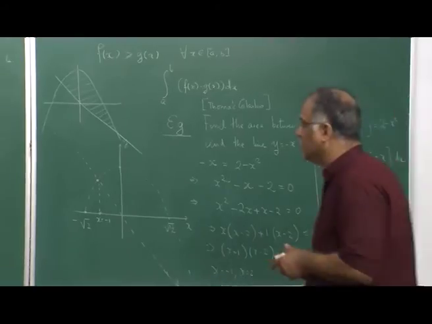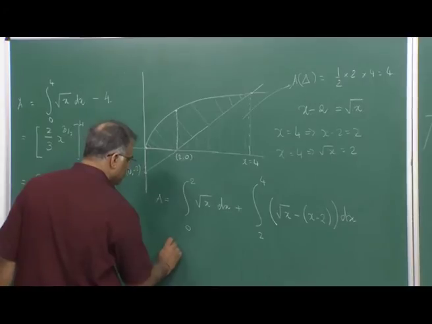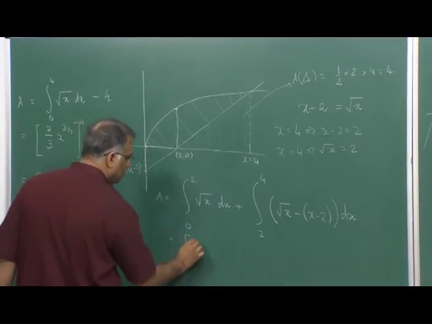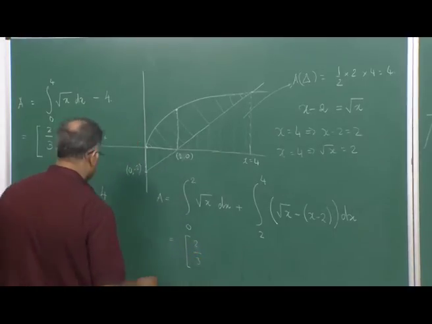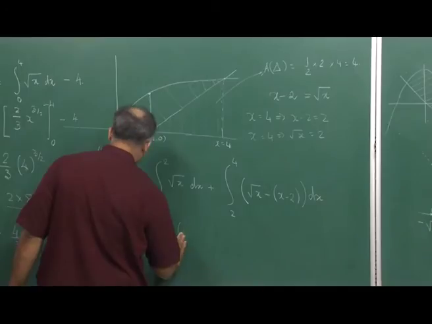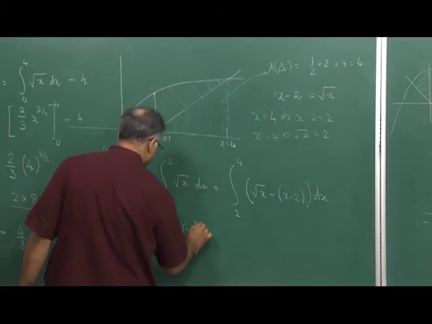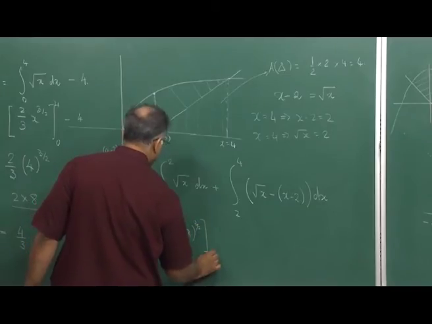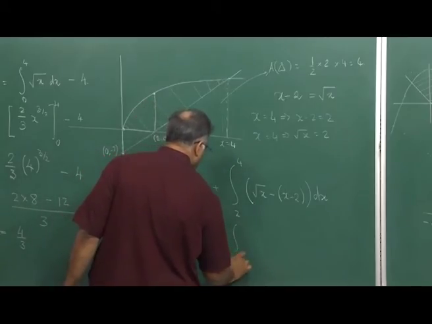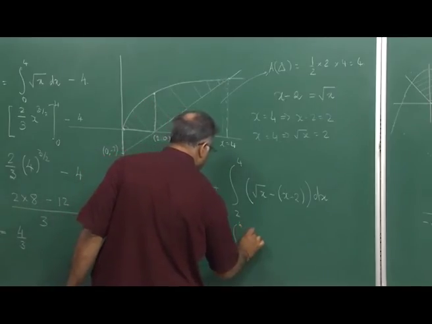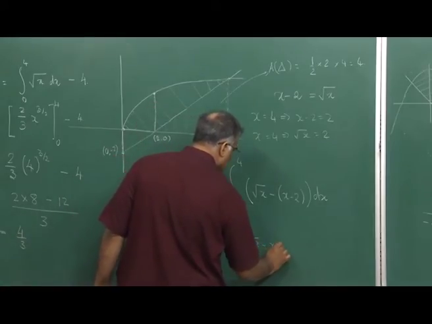Let us make a check. Here it will become 2/3 x to the power 3/2 from 0 to 2, plus the integral from 2 to 4 of root x minus x plus 2.